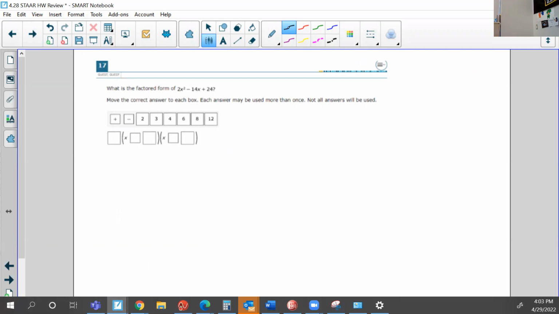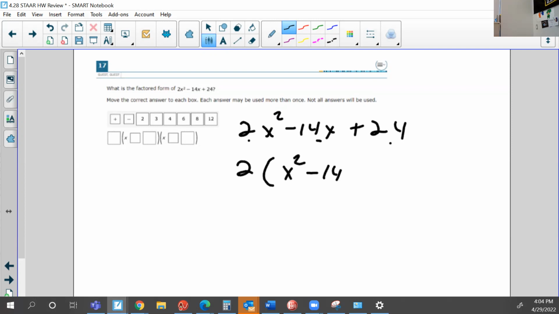Now, you notice we have 2x squared minus 14x plus 24. The common factor between 2, 14, and 24 is 2. So I can write this as 2 times x squared minus 7x plus 12.